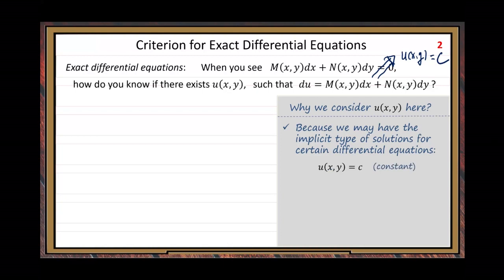So here we are looking for this type of solution for the differential equations to give us more freedom. If you always expect your solution for the differential equations to be y equals certain f of x, it's too hard because it is too restrictive.